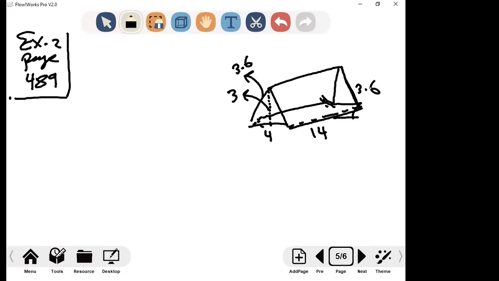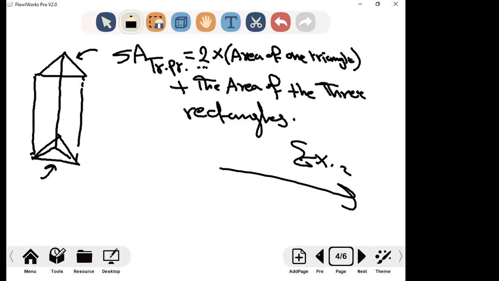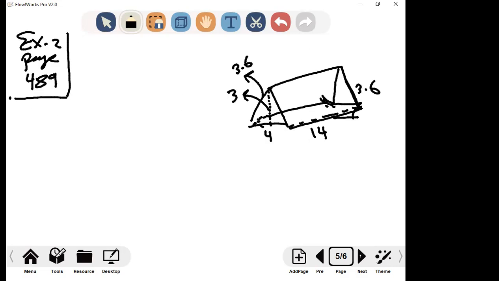So to find the surface area of the triangular prism, I will start with the area of the two triangles, right? It is enough to find area of one triangle, then multiply by 2. As I wrote for you here, the surface area of triangular prism, 2 multiply area of one triangle. Why? Because they are congruent. The prism has congruent bases, right? So here, plus the area of the 3 rectangles, go and apply now.